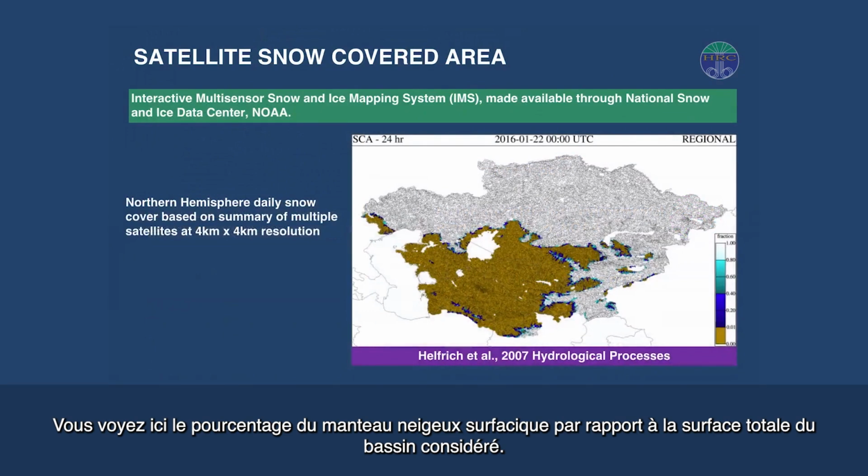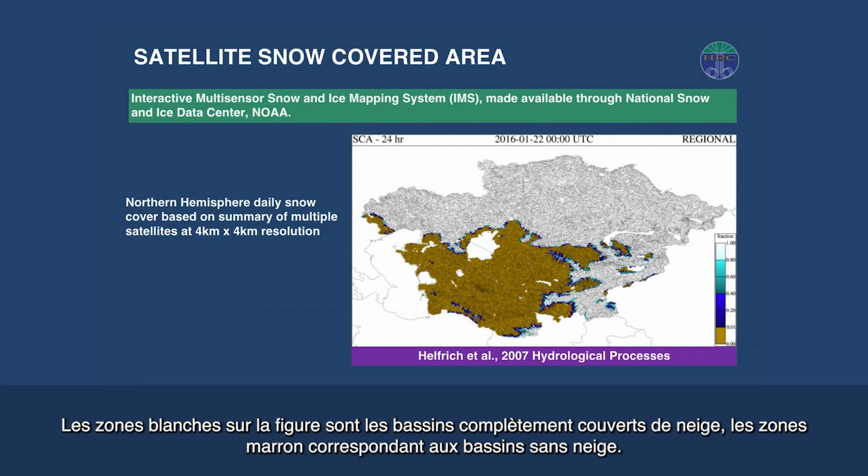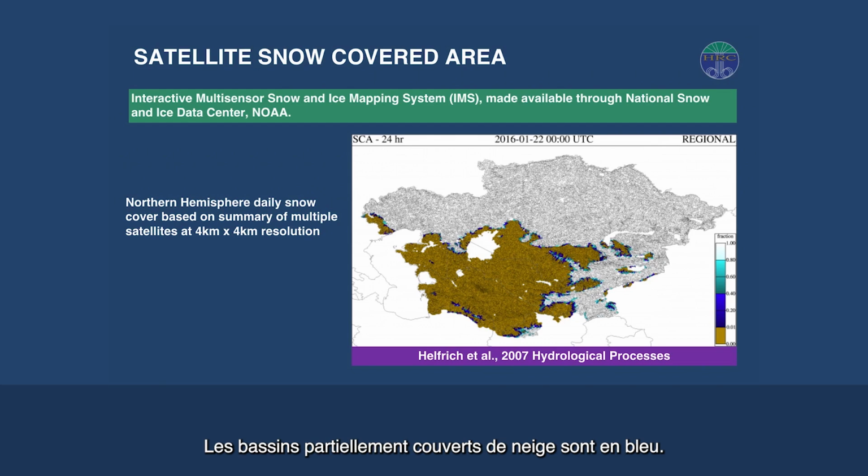The aerial snow cover estimate in each basin is presented as percent aerial cover. The white areas in the figure are basins that are completely covered with snow, and the brown colors are basins that are free of snow. The blue colors indicate partially covered basins.